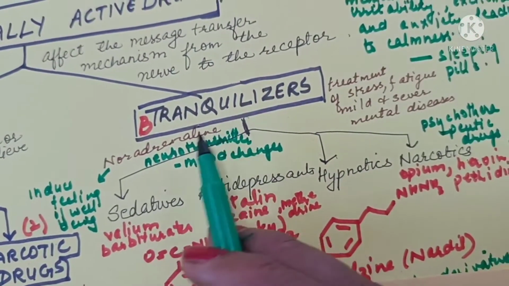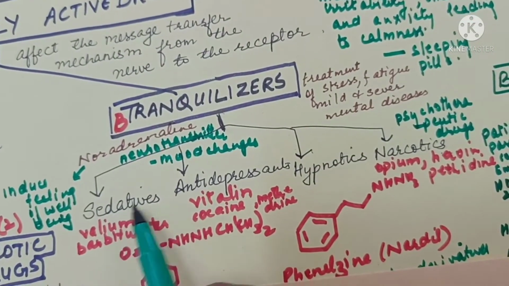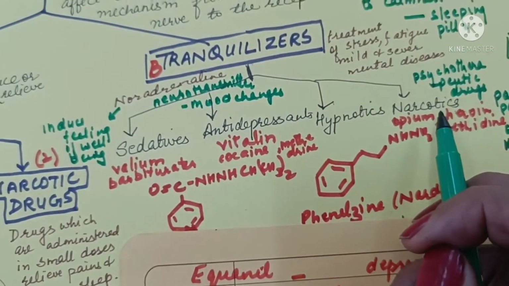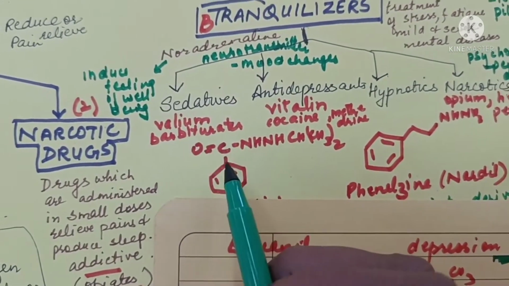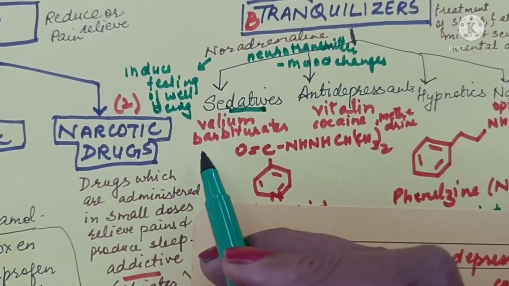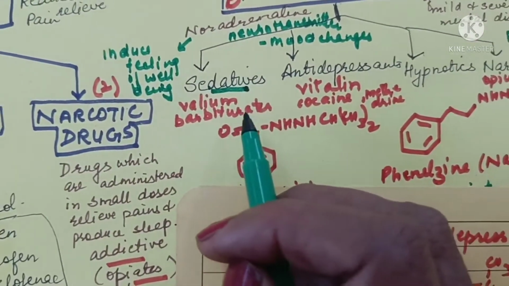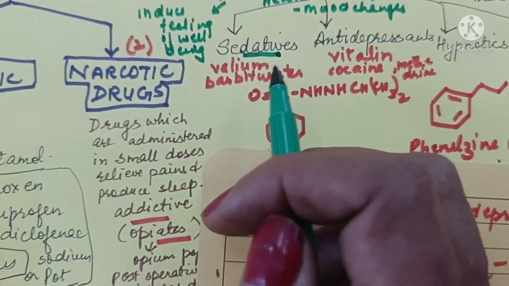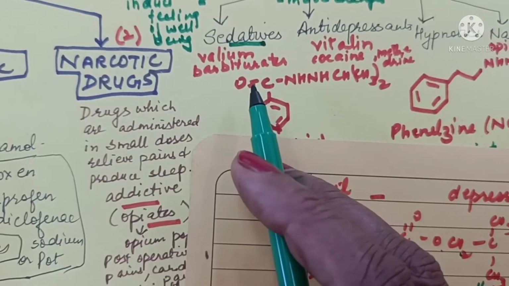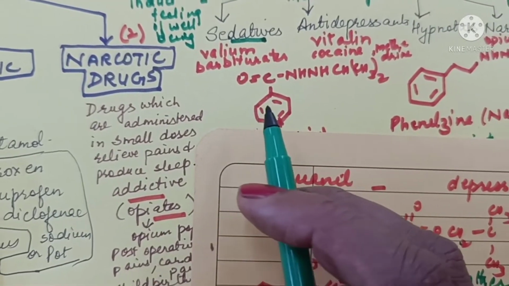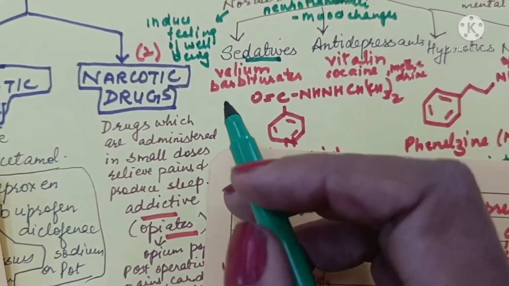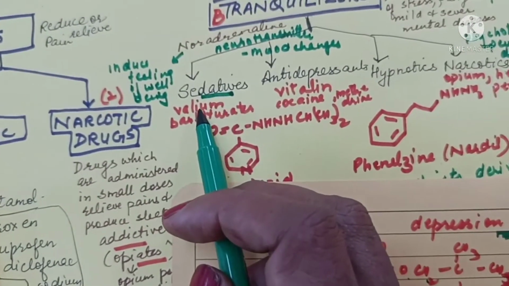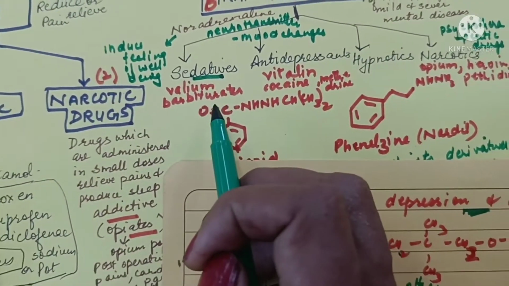So these drugs can be categorized into sedatives, antidepressants, hypnotics and narcotics. Sedatives act as depressants for patients who are mentally agitated and violent. They will suppress the activity of such patients, and sedatives will give a calmness or relaxation feeling or drowsiness in the body of the patient and will help him to settle down. Examples of sedatives are Valium and barbiturates.